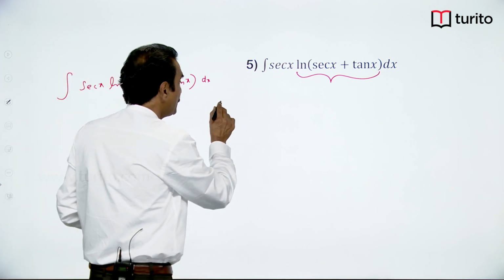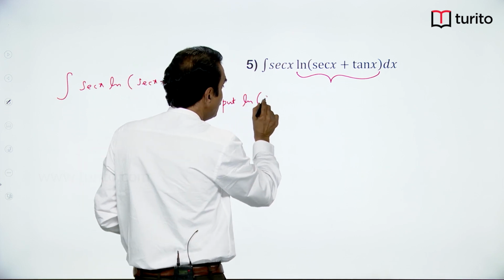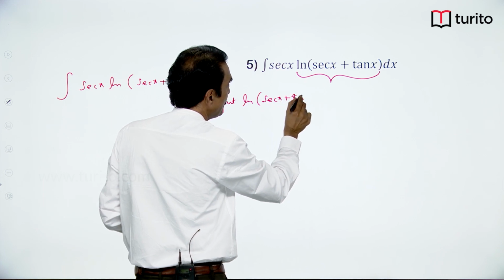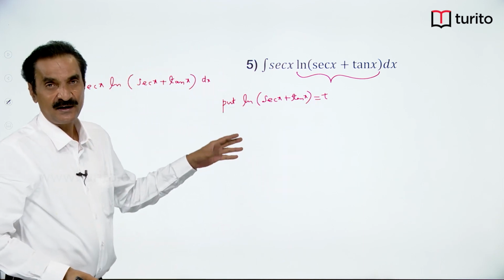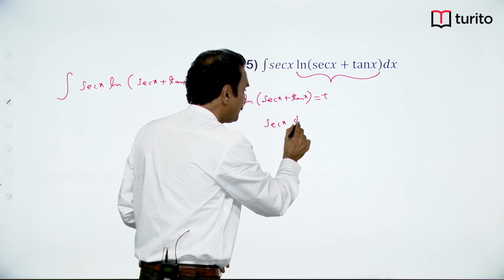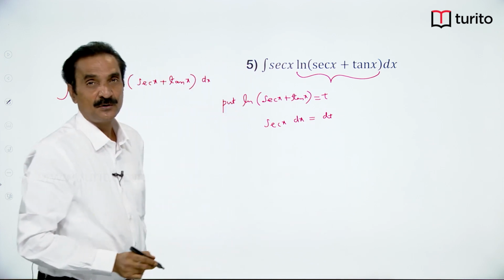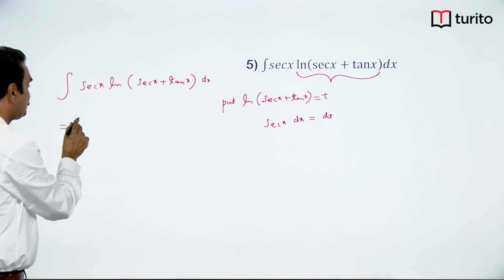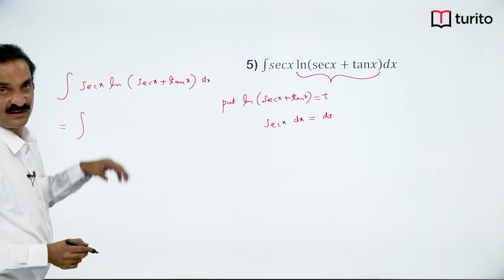So, we will put ln secant x plus tan x is equal to t. Then directly you can write its derivative is secant x into dx is equal to dt. Then it becomes integral, this is t, remaining is dt.